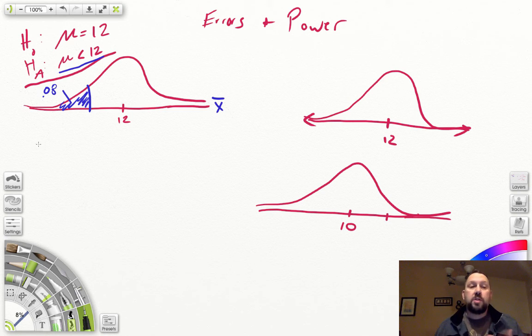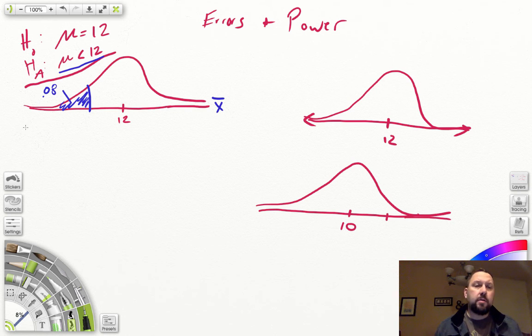So what we're saying is that if we assume the null is true, if we assume that mu equals 12, then the results I got when I did this assessment would happen 8% of the time. So that's interpreting the p-value.